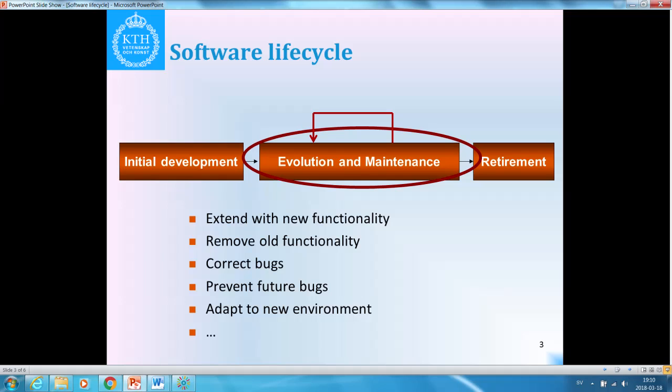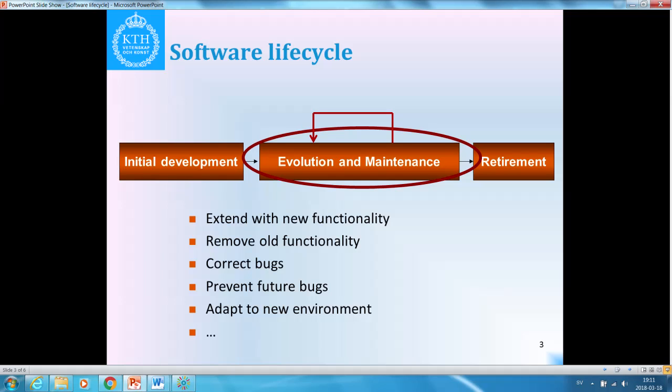So within this phase, evolution maintenance phase, what you do, you extend the software with new functionality. You remove old functionality. You don't need to have some functionality that no longer exists. You have to remove it because otherwise it takes place. It may confuse the developers. You correct bugs.